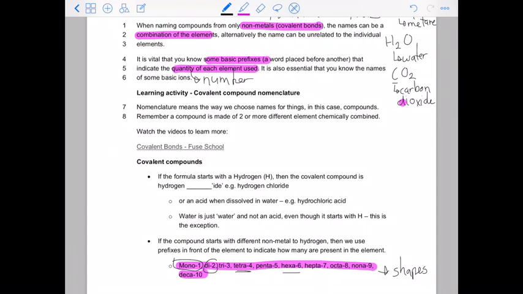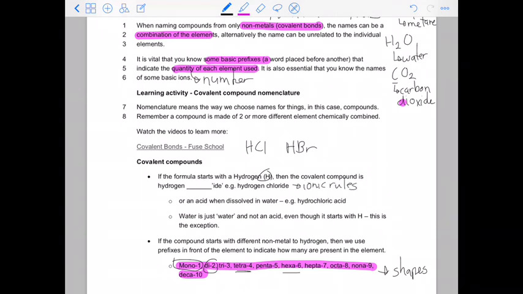When we start with naming, you first look to see what the first element is. If it starts with hydrogen, for example HCl or HBr, then it's hydrogen chloride, hydrogen bromide. So we use ionic rules for this.